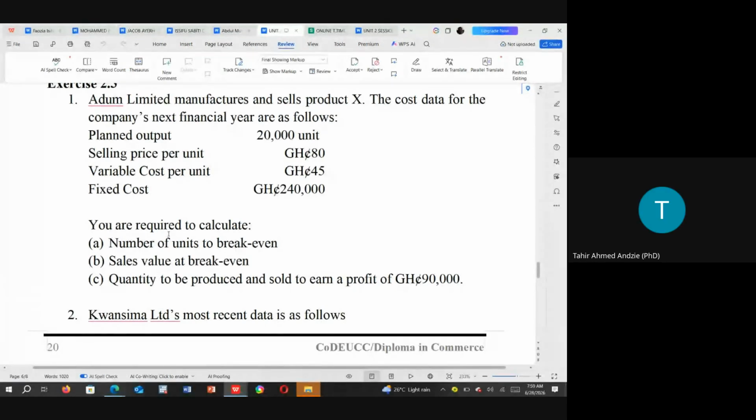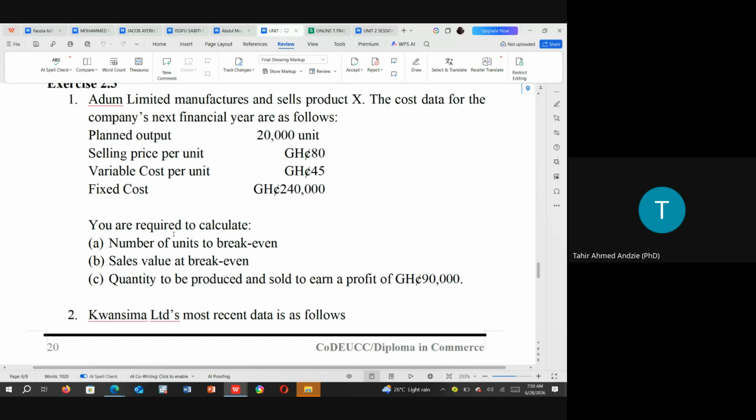Then the second one says break even in sales value. That will be given by fixed cost over contribution per unit times selling price.